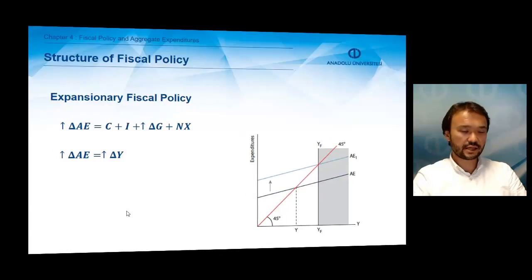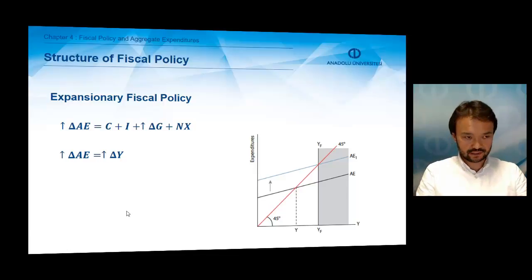For example, if there is a recession period for an economy, it means a higher unemployment rate. So for this period, maybe the government wants to implement expansionary fiscal policy. Expansionary fiscal policy means an increase in aggregate expenditures. Because of this increase in aggregate expenditures, the production and income will also increase, and so maybe you can fix these recession periods.